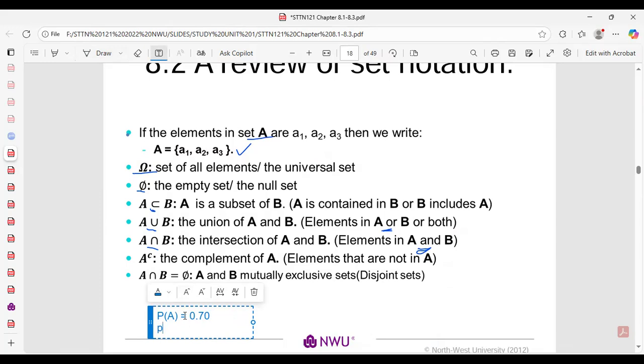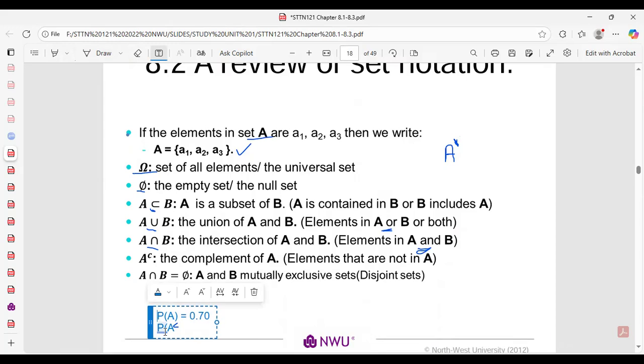It's going to be the probability of A complement, which they write with a C. Other students write it in a different way. It's the same thing, the complement.